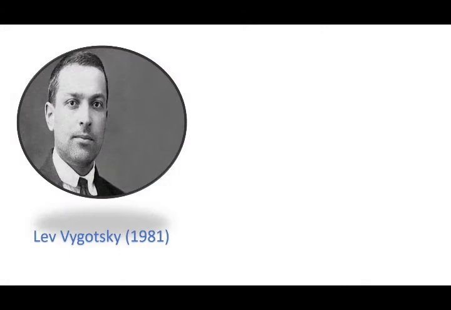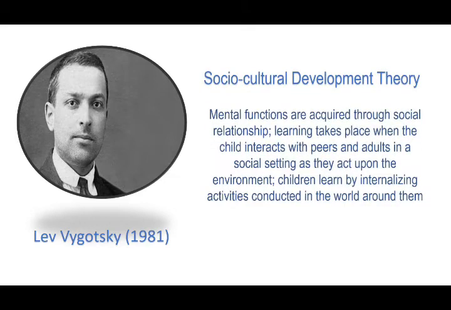Okay. Lastly, we have Lev Vygotsky. He is the one who proposed sociocultural development theory. According to this theory, mental functions are acquired through social relationship. Learning takes place when the child interacts with peers and adults in a social setting as they act upon the environment. Children learn by internalizing activities conducted in the world around them.